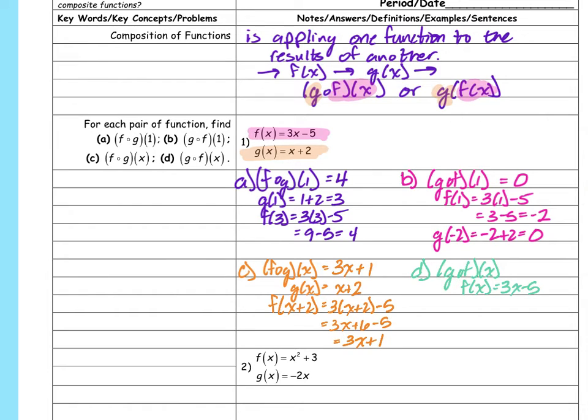So for the second part, I want to find G of 3X minus 5. So that equals 3X minus 5 plus 2. So 3X minus 3. Done.